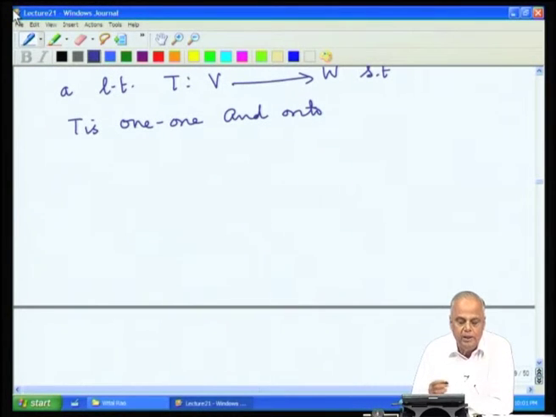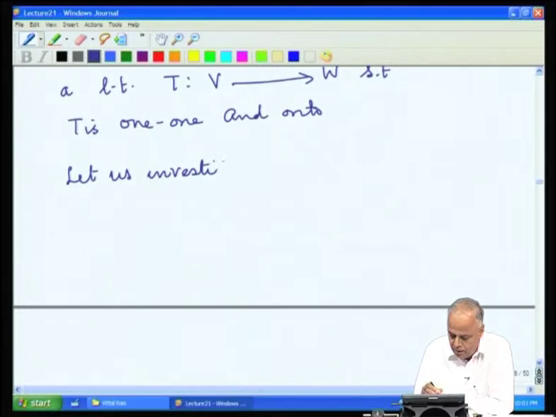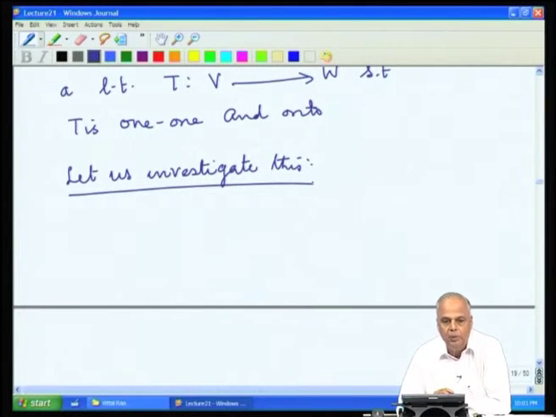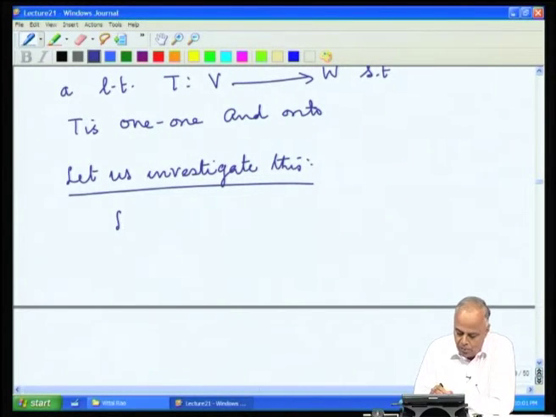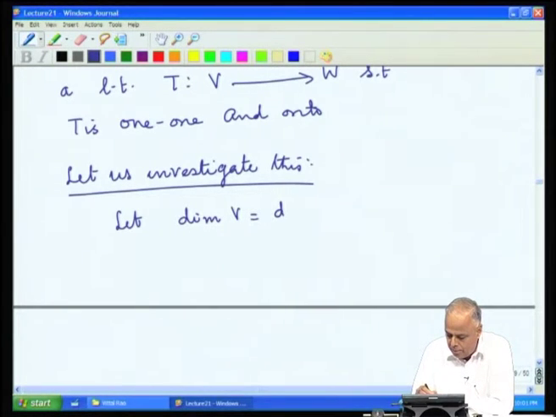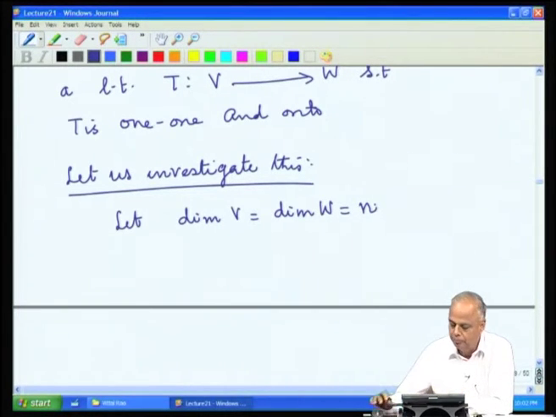Let us investigate whether we can construct such a T. The information given to us is that V and W are finite dimensional and that the dimensions are equal. So, let dimension of V be equal to dimension of W, and let us call that dimension n.